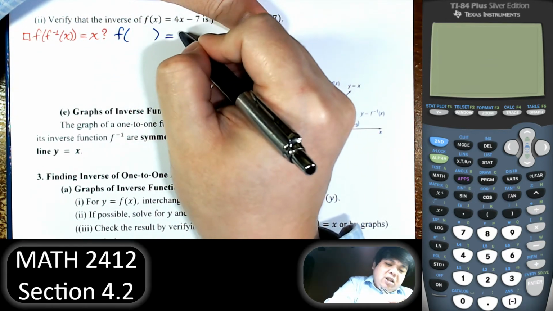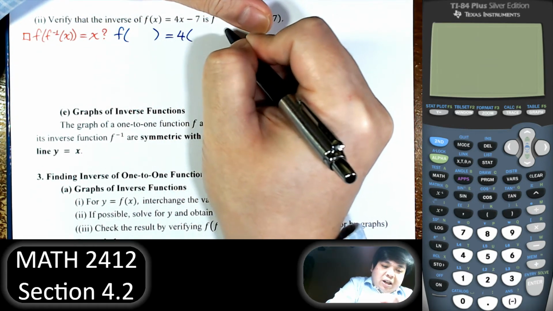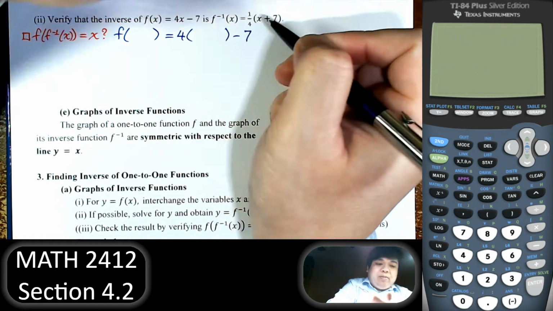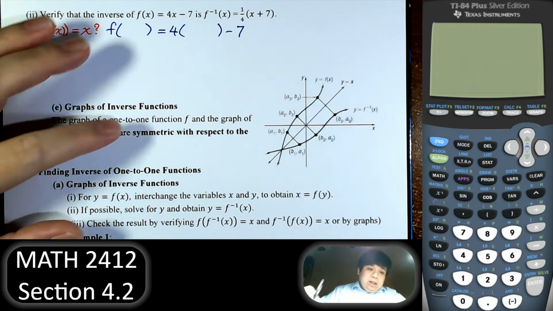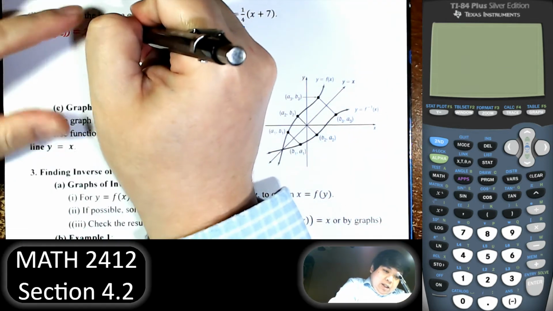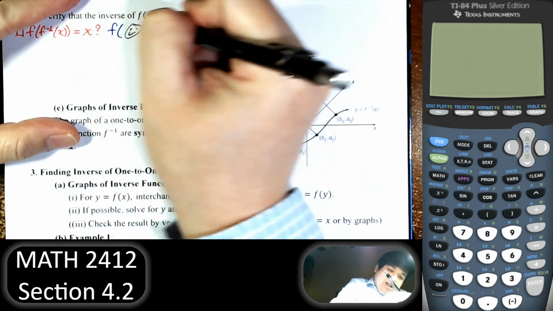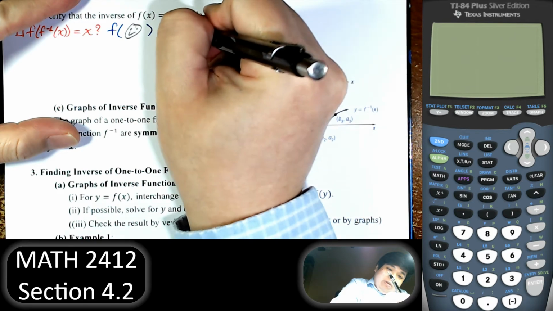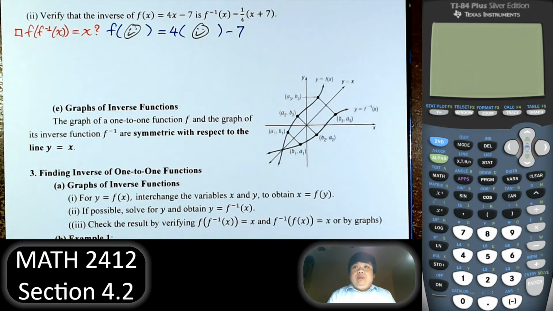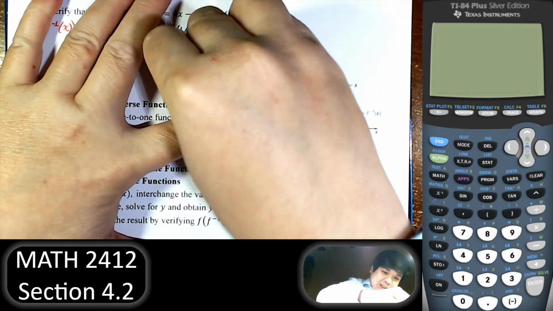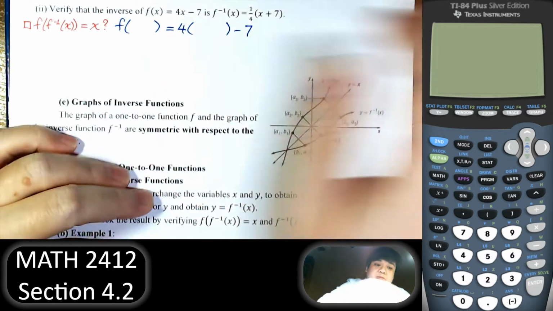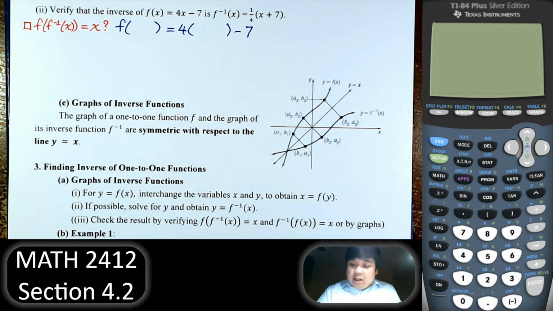Instead of x, I just leave the parentheses like this. Doesn't matter what I put in the parentheses, whatever I put in the parentheses, they have to be the same.